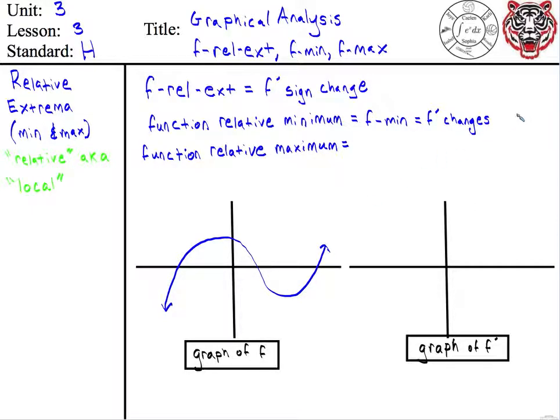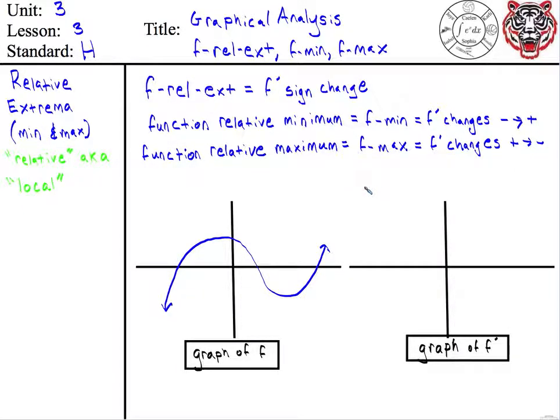It's negative to positive. Then obviously this one is the reverse. This is f max for our annotation, and this is where f prime changes again, from positive to negative.